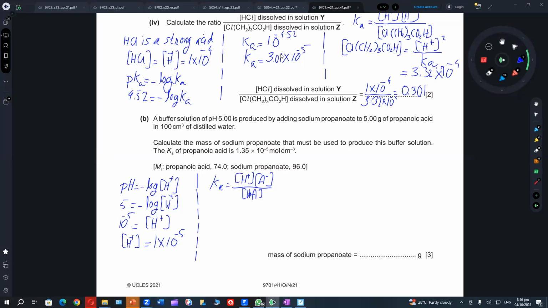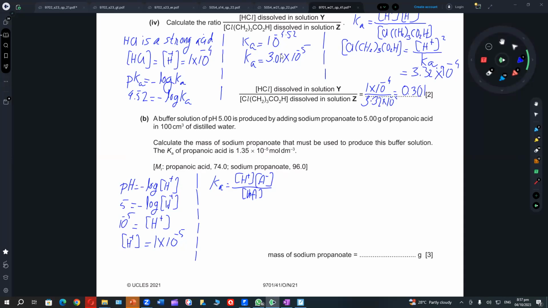We should try to find out the concentration of HA. What is the concentration of HA? We should find the moles. They have given us sodium propanoate and 5 gram of propanoic acid. So we can make the concentration of propanoic acid if we take it as HA.